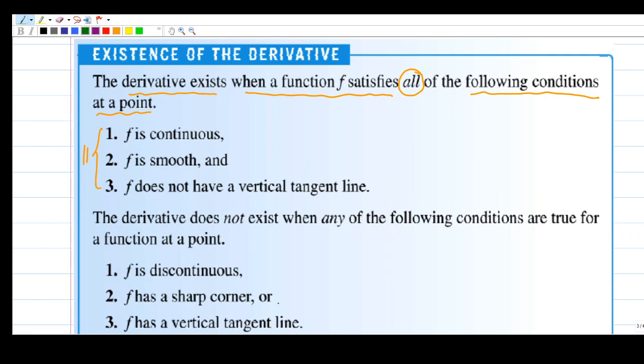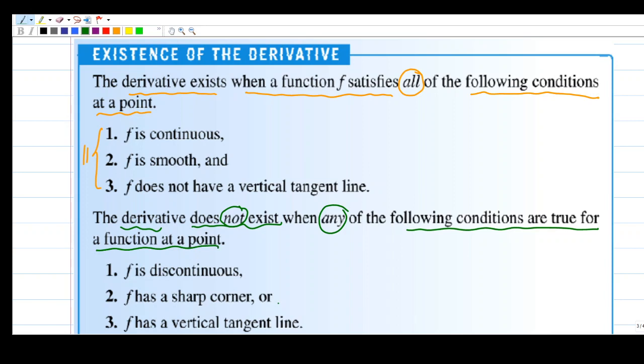Now we look at when the derivative does not exist, when any of the following conditions are true for a function at a point.